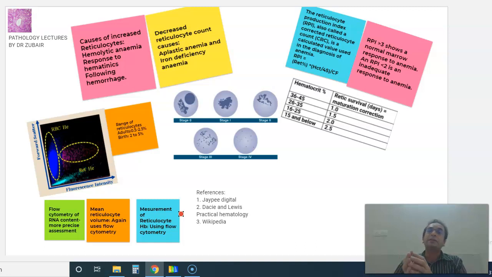It will hold its importance no matter how many modern tests come. For quality control, we should do reticulocyte counting in duplicate. So you do it in one smear and then redo it in another smear. And for EQAS programs, you have an EQAS program in India, the EQAS program with AIIMS hematology, where you get a stained reticulocyte smear.